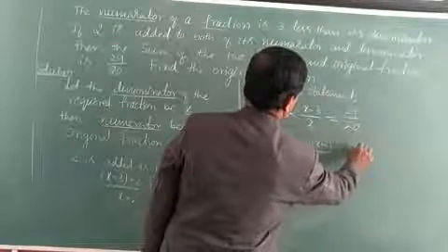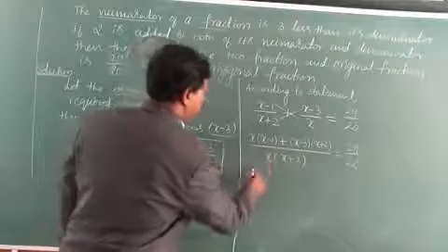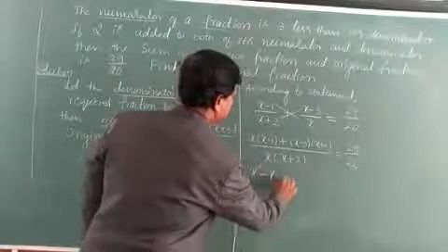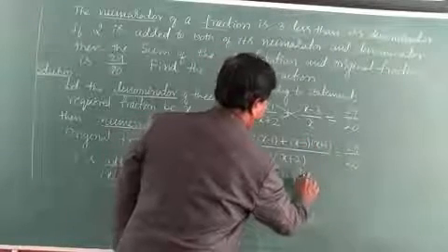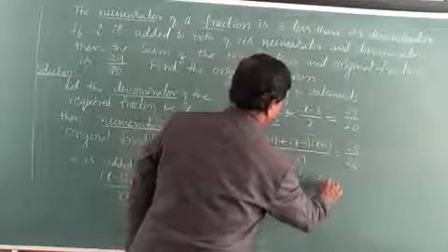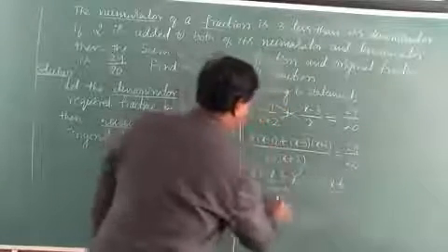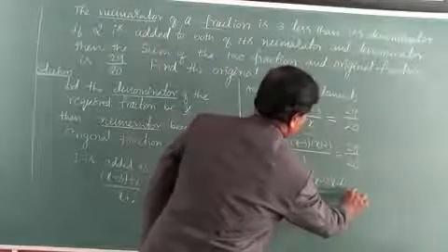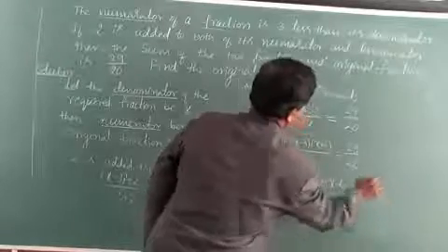Now, on simplifying, x square minus x plus x square plus 2x minus 3x minus 6, whole divided by x square plus 2x equals 29 by 20.